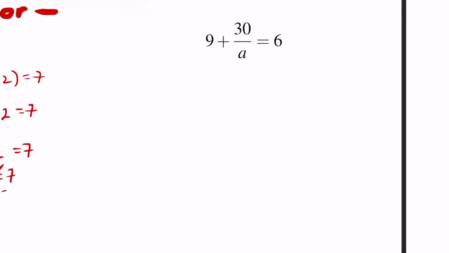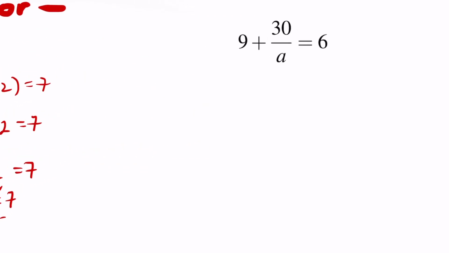So let's try this one. Again, do not get rid of a first, okay? Add or subtract first. Since 9 is with the variable, I would just move 9 to this side. And since it's a positive 9, the opposite or reciprocal is negative 9. Okay? So that cancels.